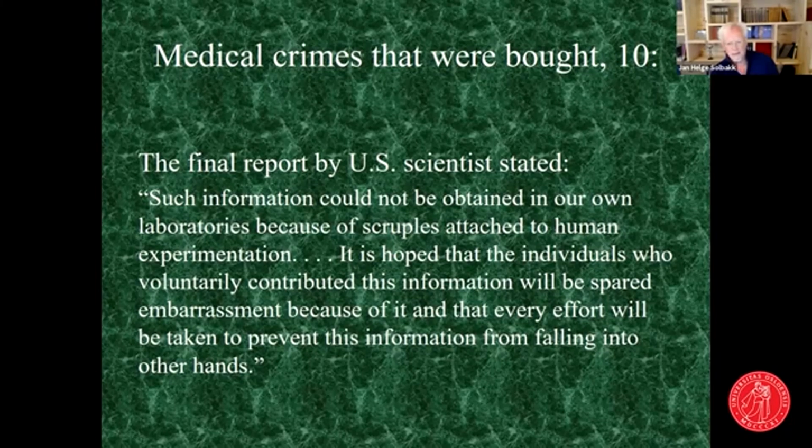And then listen to what is further said. "It is hoped that the individuals who voluntarily contributed this information will be spared embarrassment because of it, and that every effort will be taken to prevent this information from falling into other hands."